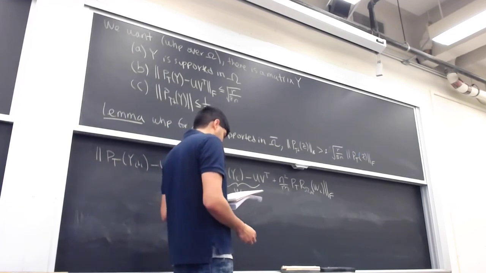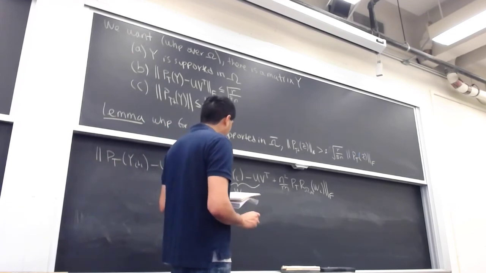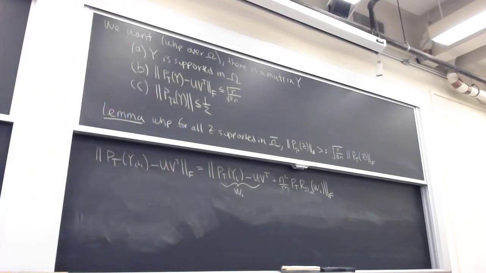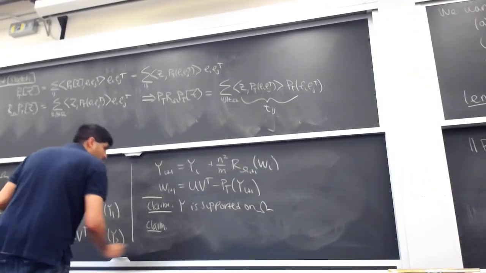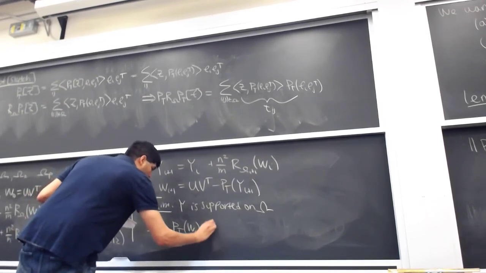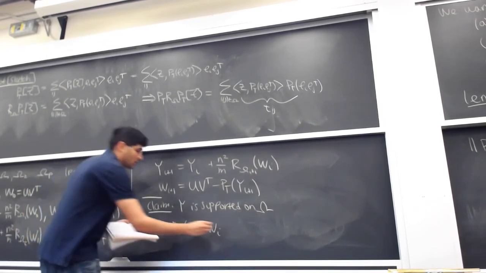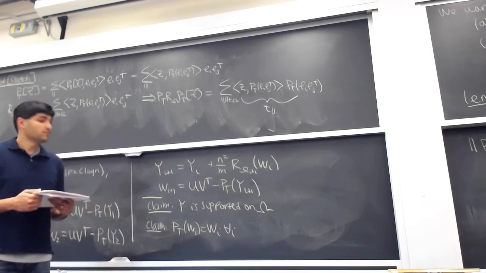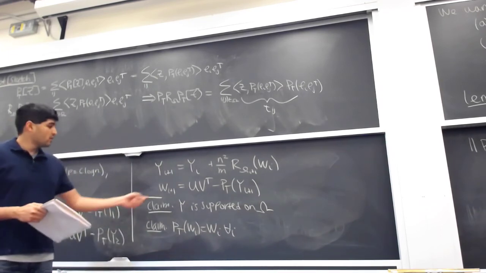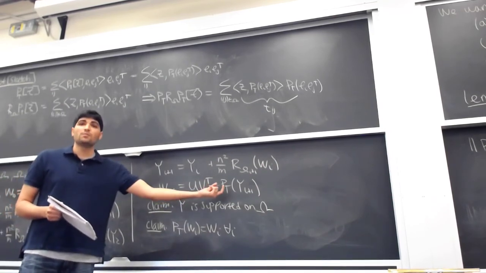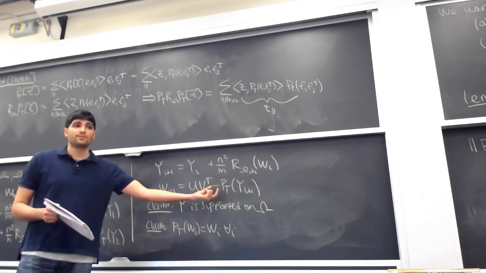And let's see. What I claim though is that by construction, and this will be the other claim that I'll need, PT of W_i equals W_i for all i. Right? Think about applying PT to W_{i+1}. You keep this term, and this is already PT'd, so you haven't done anything.